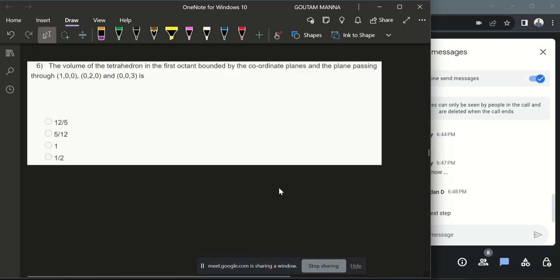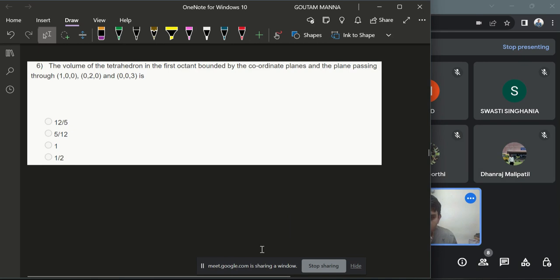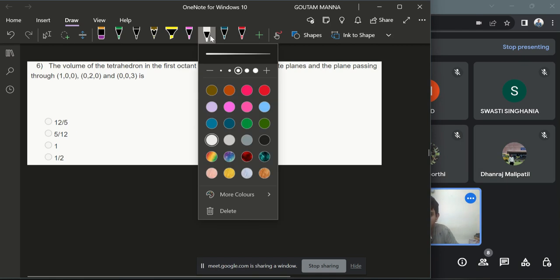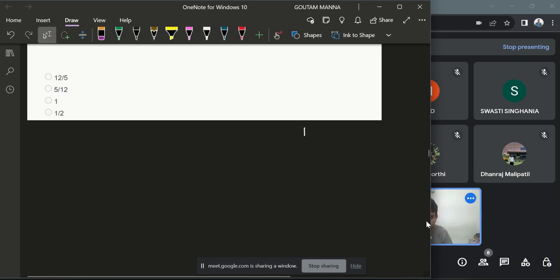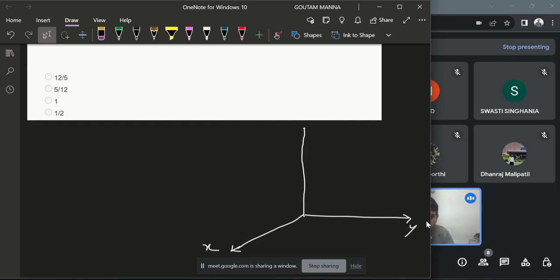So we have to find out the volume of this tetrahedron in the first octant bounded by the coordinate planes, passing through (1, 0, 0), (0, 2, 0) and (0, 0, 3). We'll draw the plane in x, y, z.